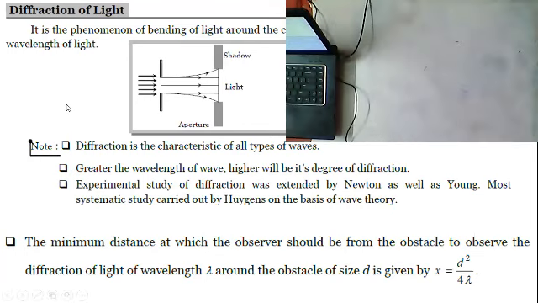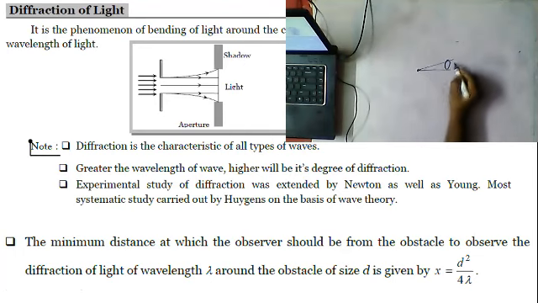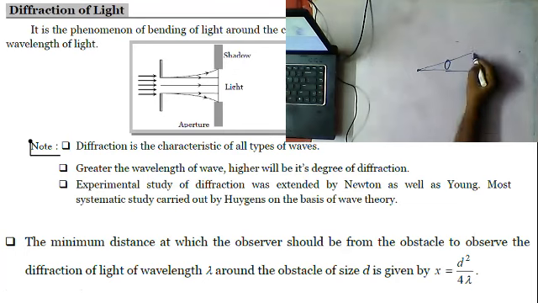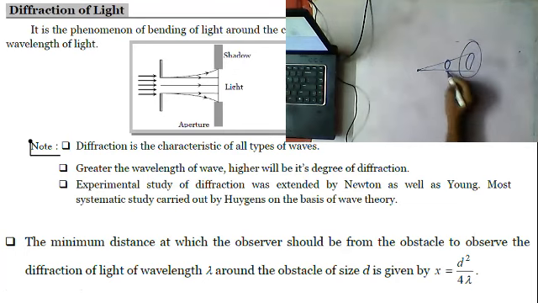So, guys, I already said that. Now this is a point source and this is an obstacle, and it is producing a diffraction pattern. Now what is the minimum distance between the obstacle and the observer in order to observe the diffraction?